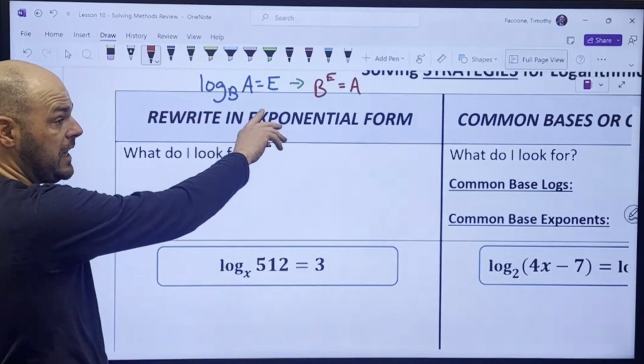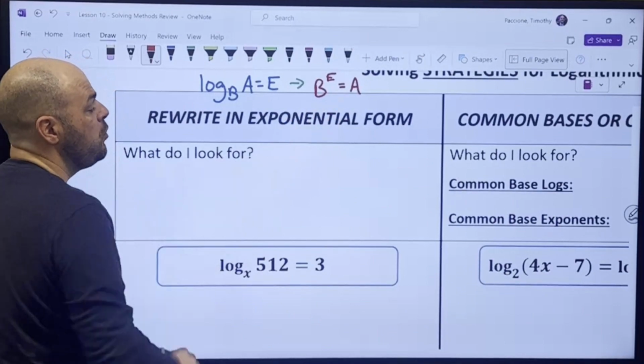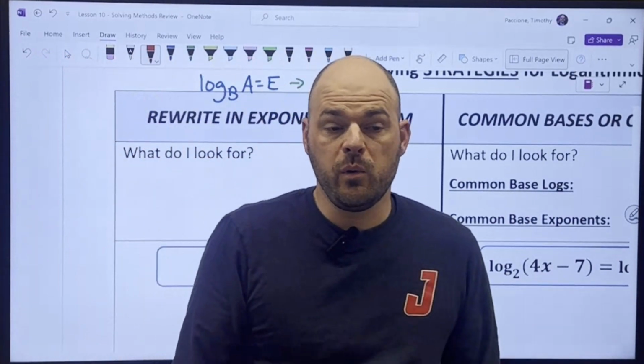So rewriting means you have this, turn it into that. So when do you do that? What do we want to look for?